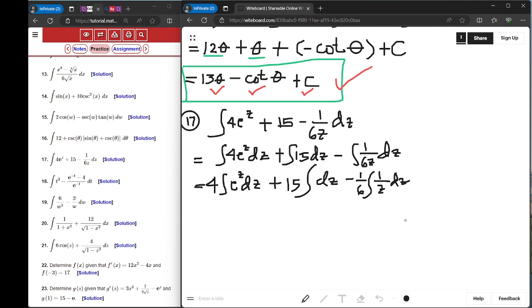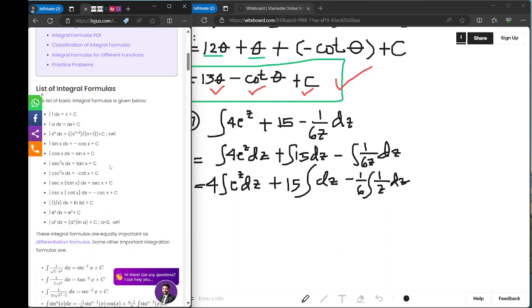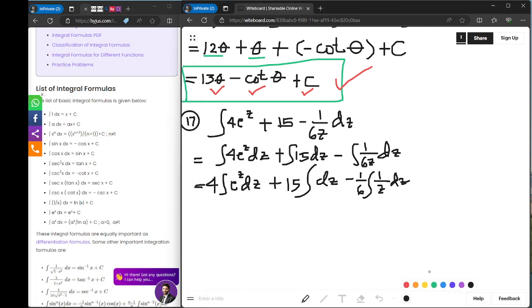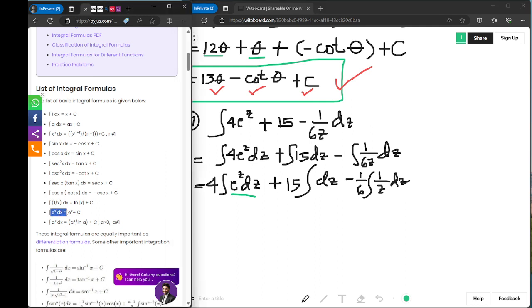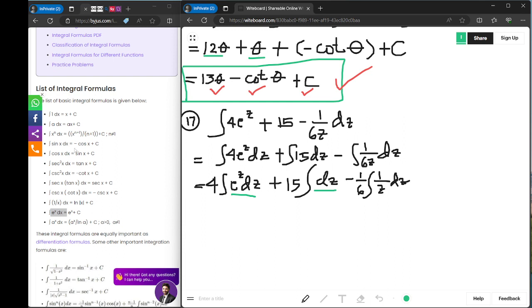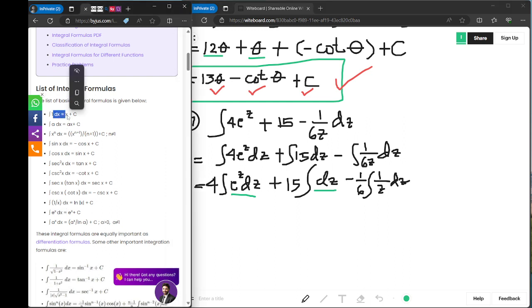Okay, so what will we do with this? Let's check our formula. We know the integral of e to the z dz is here, e to the x dx. We know the integral of dz is here, the same as the integral of dx. But what is the integral of 1 over z?